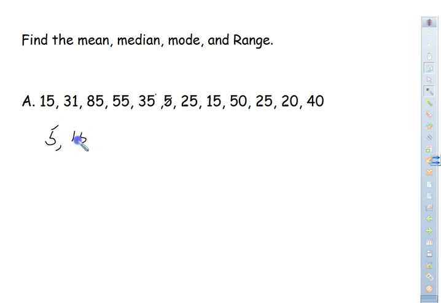2 15s, and then we have a 20, and then a 25, and a 31. Whoops, 2 25s, my bad.